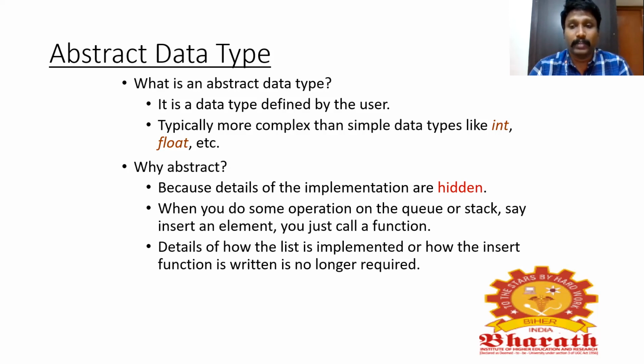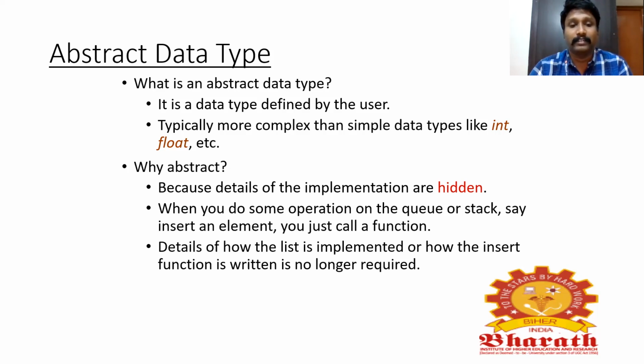When you do an operation, let's take for example an insertion operation, in a queue or stack, you'll just be calling the insertion function. You do not know what is going on behind it.